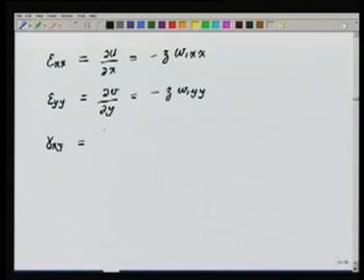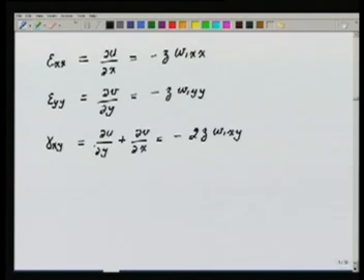This is equal to del u del y plus del v del x, which is equal to minus 2z w comma xy, because from here you get minus z w comma xy, and from here you get minus z w comma yx. Both yx and xy are the same. So this is the state of strain.